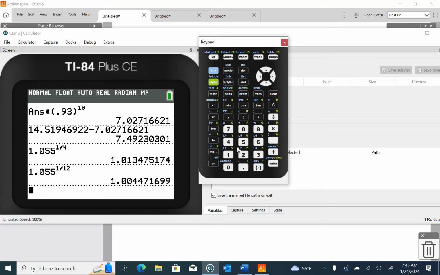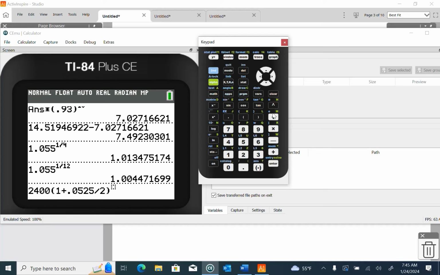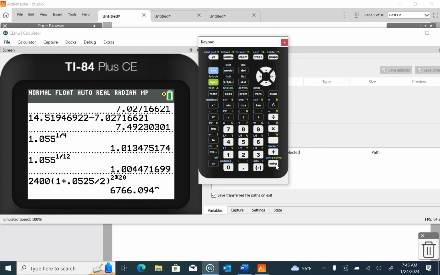Doesn't mean you do, but you should. So there's the 1 plus r over n, raised to the nt. If you don't know what 2 times 20 is, God bless you in the first place, but whatever.